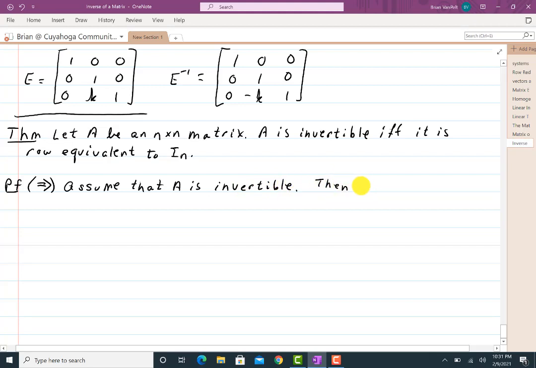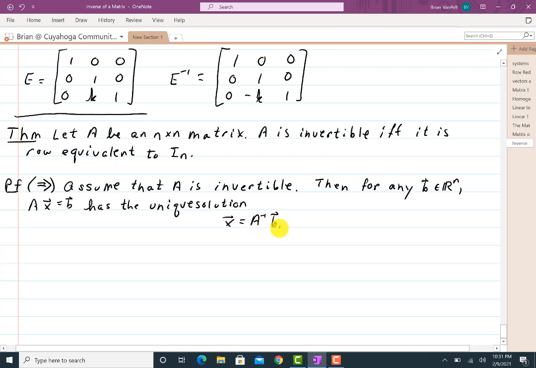Then, for any B in Rn, AX equals B has the unique solution X equals A inverse B.